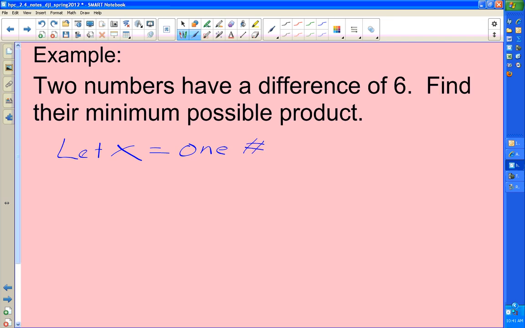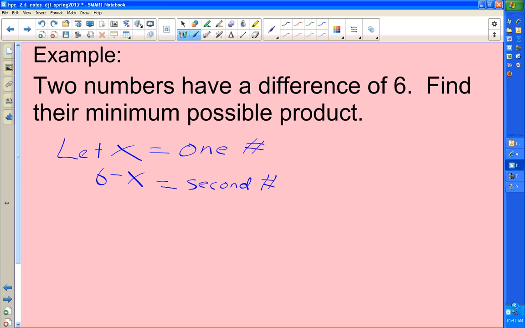Now, what could you put for the second statement? The other number. And what would we let the other number be? Okay, you could do 6 minus x. What else could you put? X plus 6.